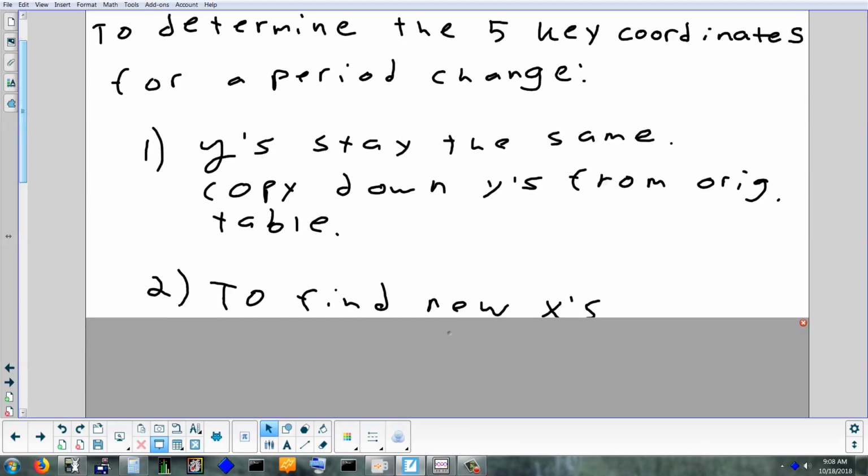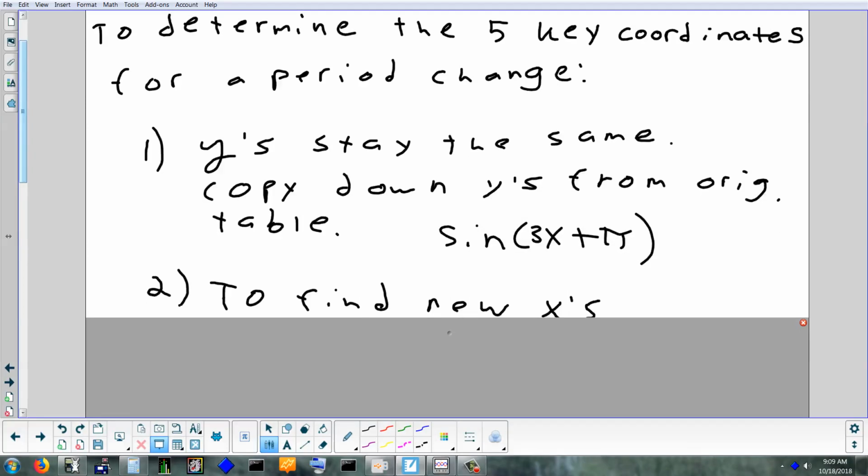And there's a couple different methods to find the new x's, depending on the complexity of the problem. Certain methods are easier than others. I'm going to show you one method that works for us. In particular, this method works well because we never combine transformations. You'd never have a problem on the test like this. That's a combination of a phase shift and a period change.